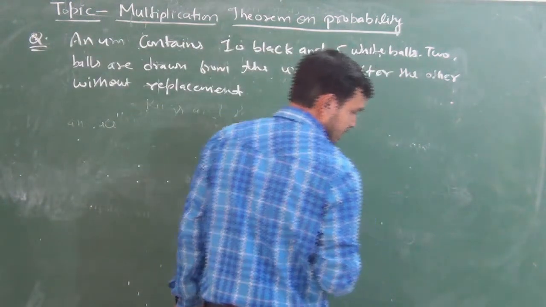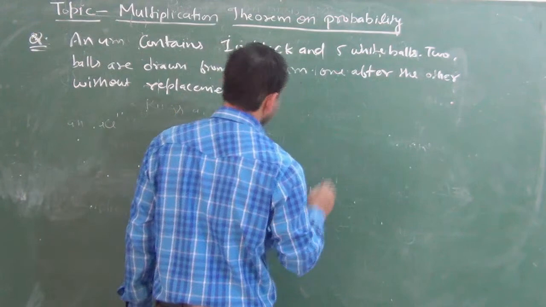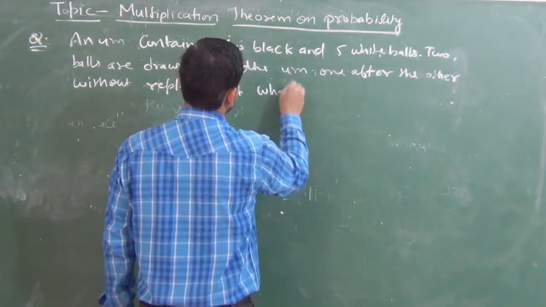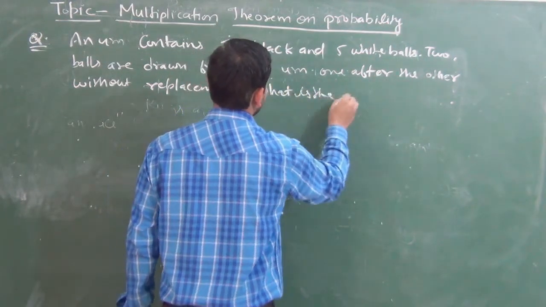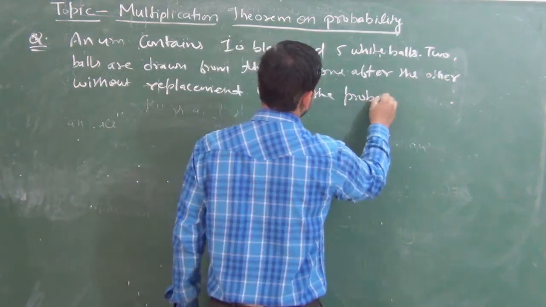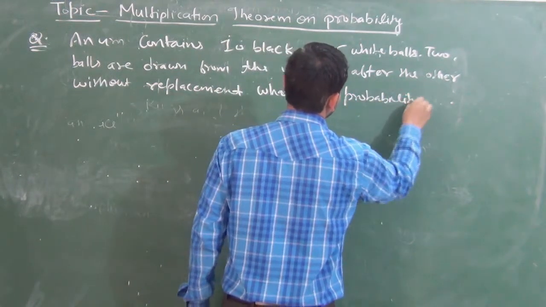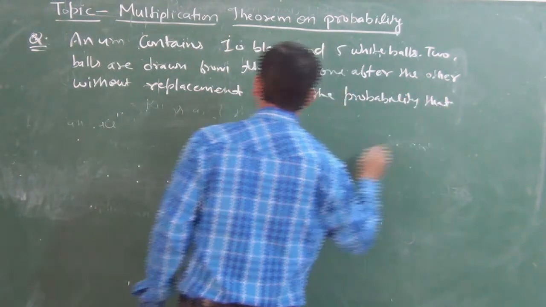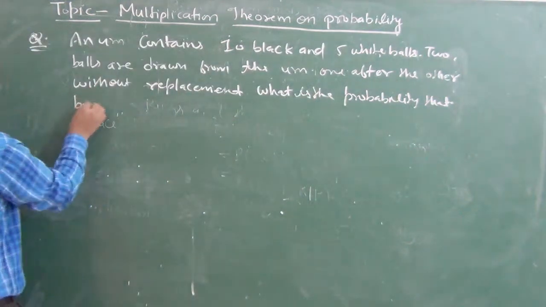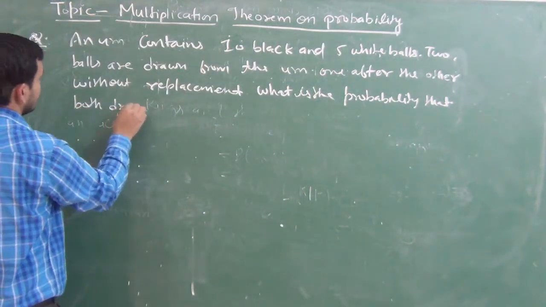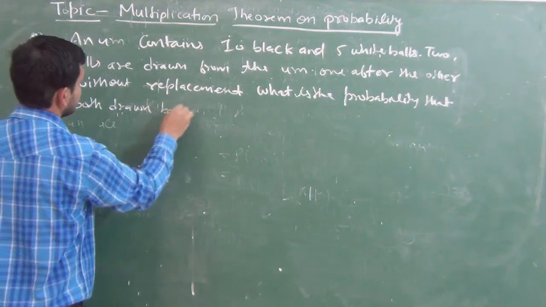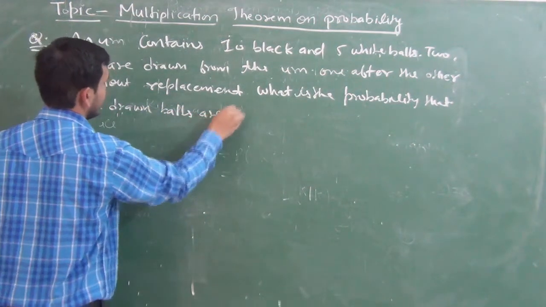What is the probability that both drawn balls are black?